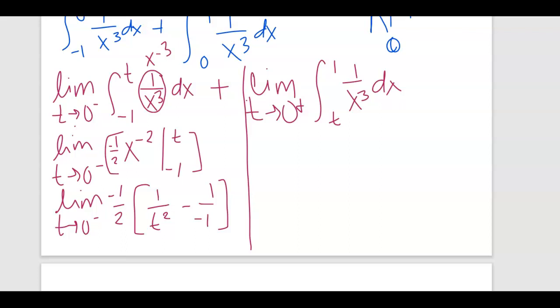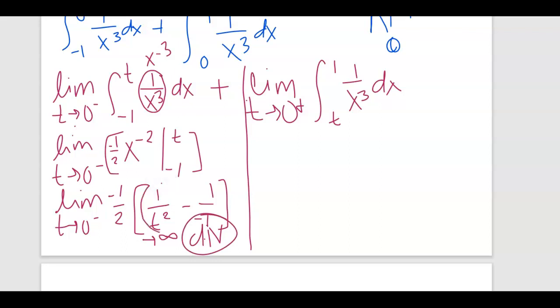Now, when I go to plug in 0 here, I end up getting 1 over something that gets really, really small. And so this actually gets really, really big. So I have a divergent side over here.